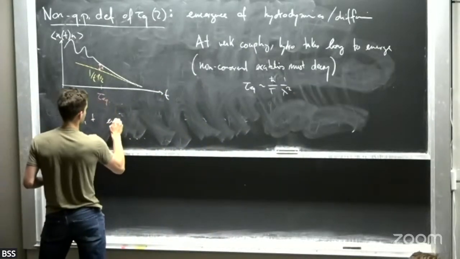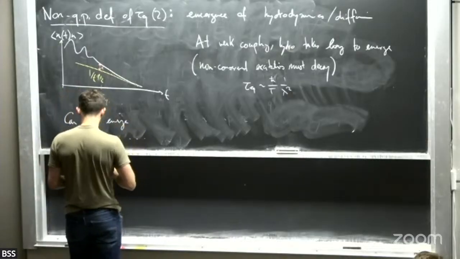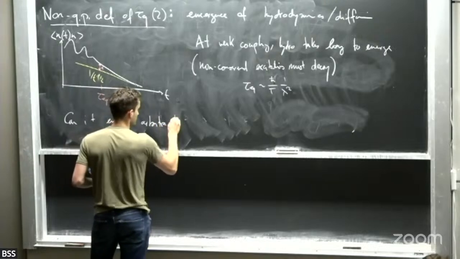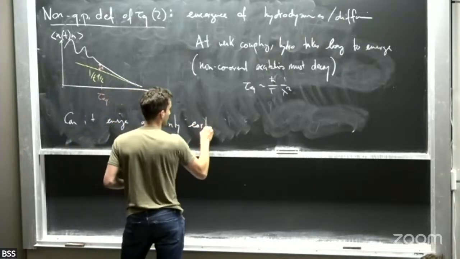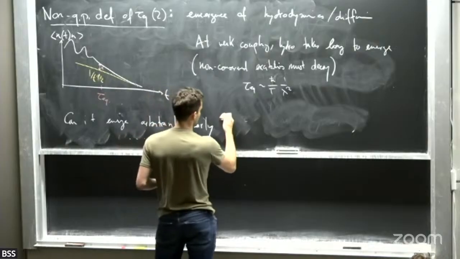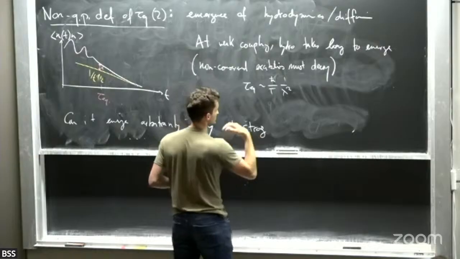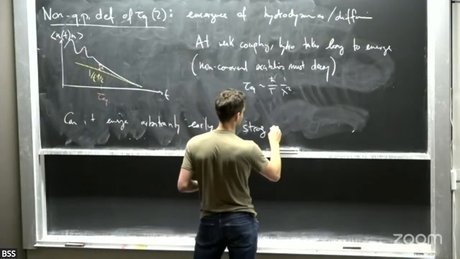And you can ask, can it emerge arbitrarily early? Can you crank up the coupling and make the system thermalize faster and faster, make hydrodynamics or diffusion emerge faster and faster?